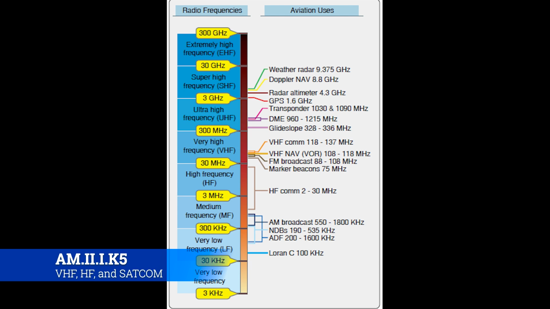Now, if you look up into the 3 gigahertz, keep in mind, information fidelity goes up with frequency. That means you'll get better, more clear information with the more data points you have. Those data points are the top of the wave, the sine wave of the radio frequency. So when you think about GPS, you're transmitting a lot of very specific information extremely fast, and it's rolling over on top of itself on a regular basis.